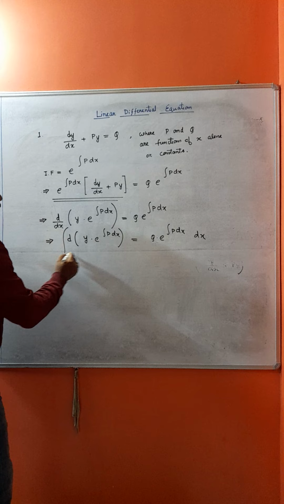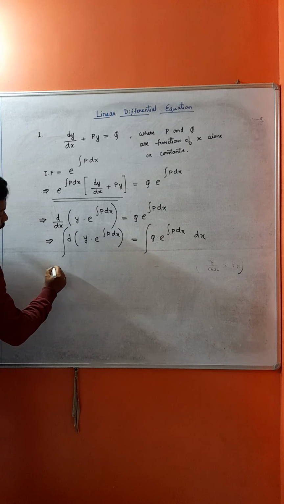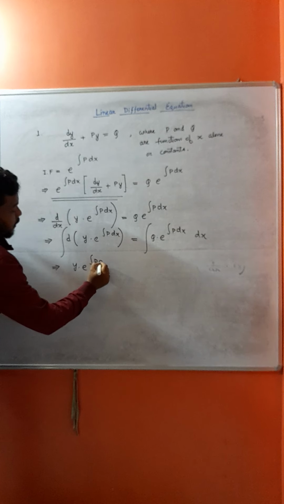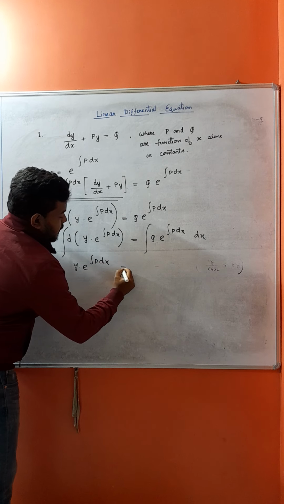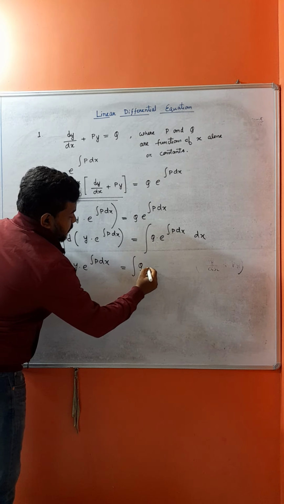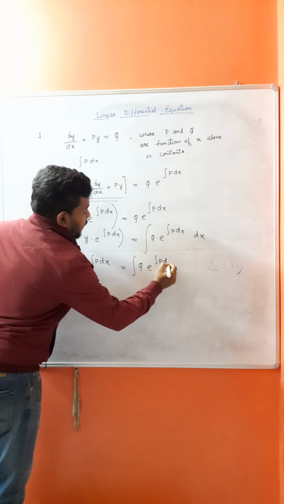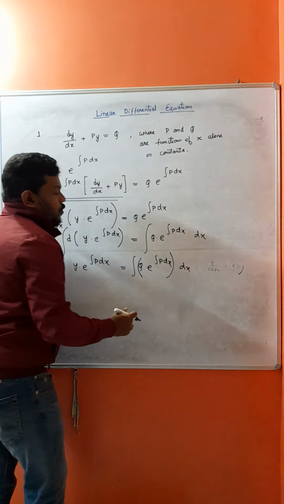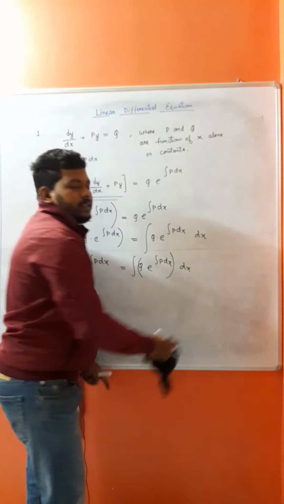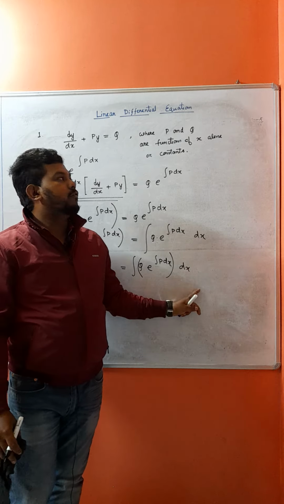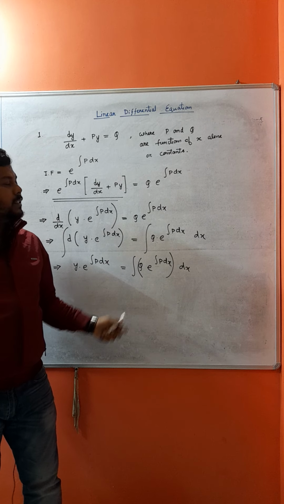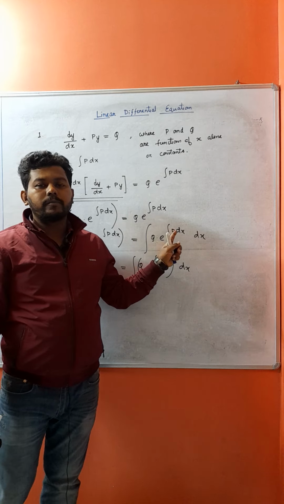Now integrate both sides, we get y into e to the power integration of p is equal to integration of q into e to the power integration of p dx. This is called the general solution of a linear differential equation. Okay, this is type 1.